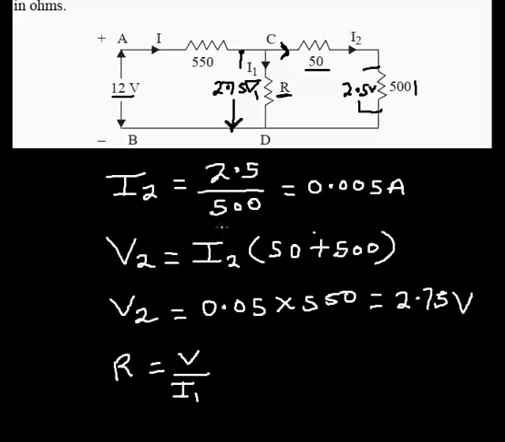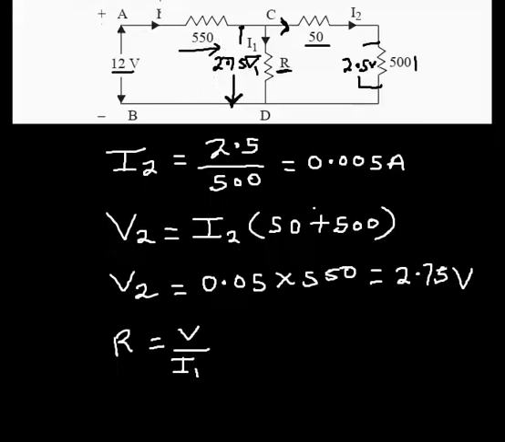For me to get that current I1, I need to get the current passing through the 550 ohm resistor. Yes, I need to get the current passing through the 550 ohm resistor. So how do I get the current across the 550 ohm resistor?